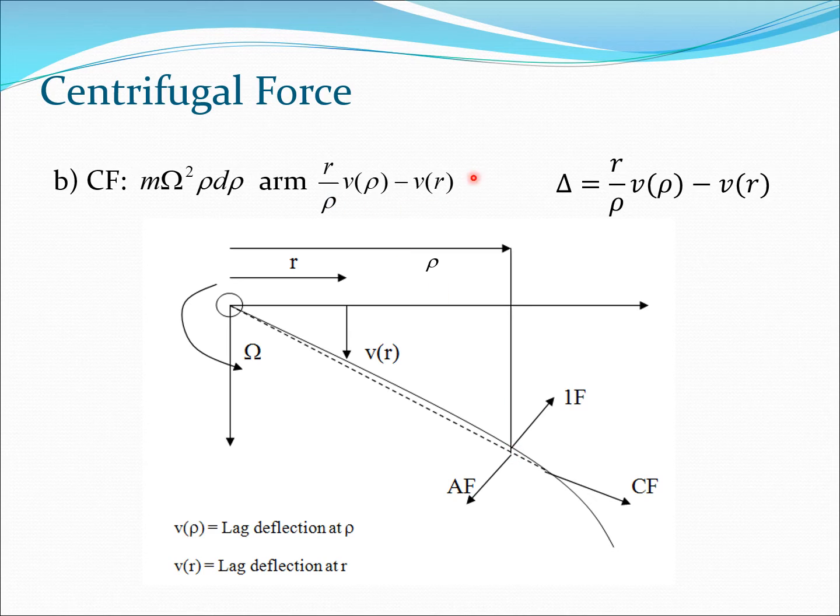That's going to be the moment arm, because the centrifugal force is in a straight line from the root, but the beam has a bended profile, it's a curve, not a straight line. The distance between the straight line and the bended profile is this particular value delta. So that is actually the moment arm here.